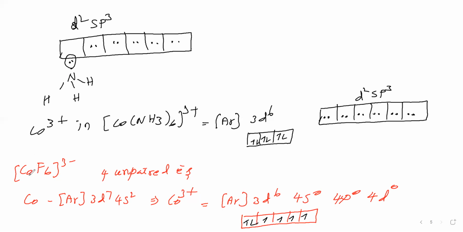Which orbitals? 1 4s, 3 4p orbitals and 2 4d orbitals. They intermix to give sp3d2 hybridization. So 6 sp3d2 hybrid orbitals are provided, and ligands make dative bonds with them.